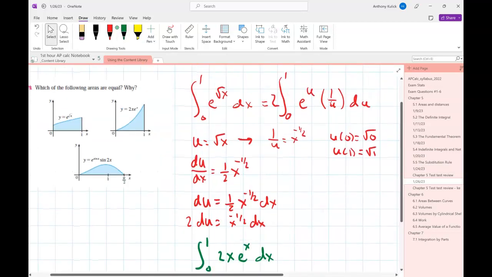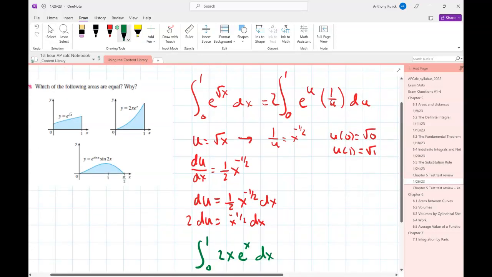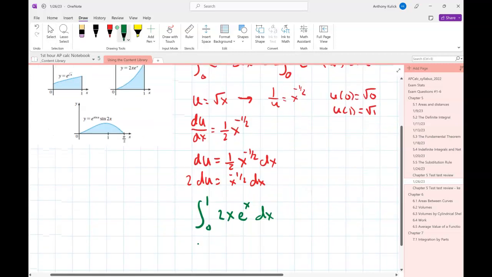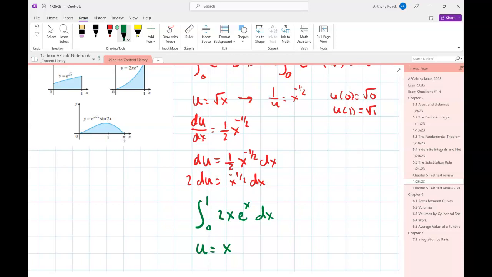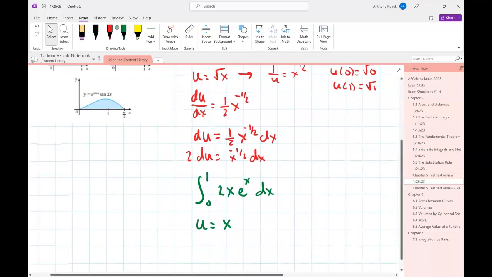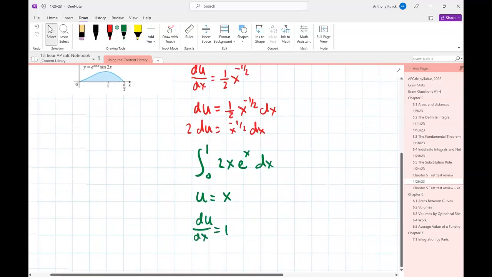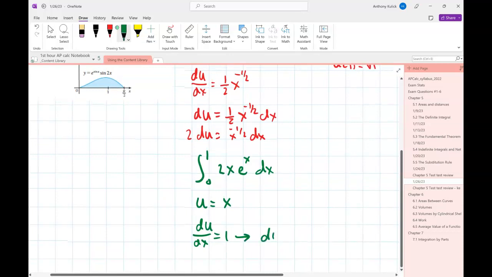So to start here, I want an e to the u. So my u is just going to be x. I'm trying to get it to match the other thing. So du dx is just going to be 1, or du is going to equal dx.